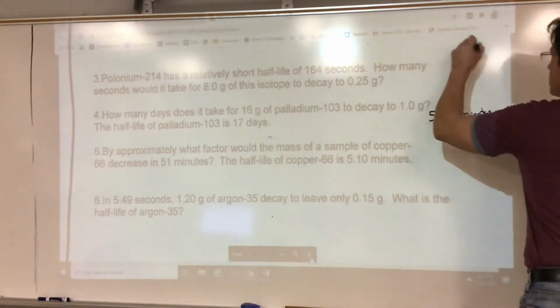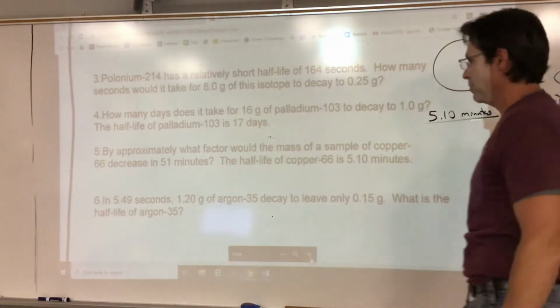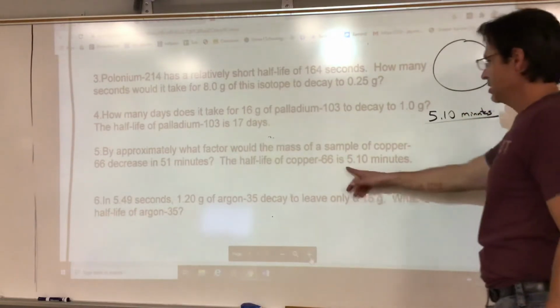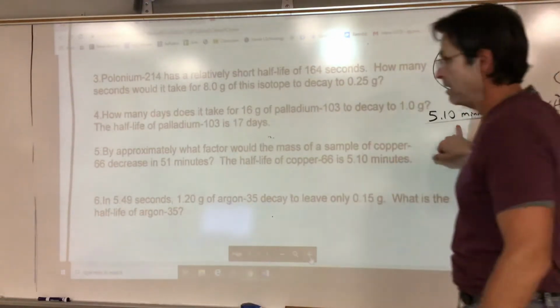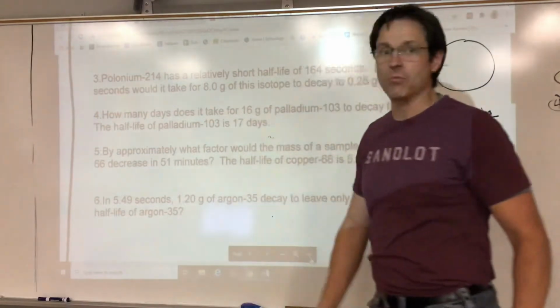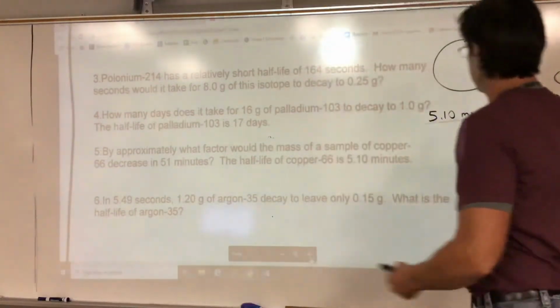Just visualize it as a circle graph, 100% of that sample of copper 66. So 1 half-life is that. We just want to know after 51 minutes, what percentage or fraction is left. Okay, we can do this.